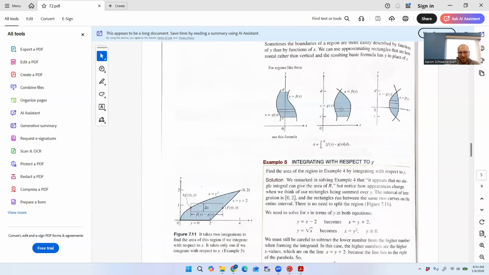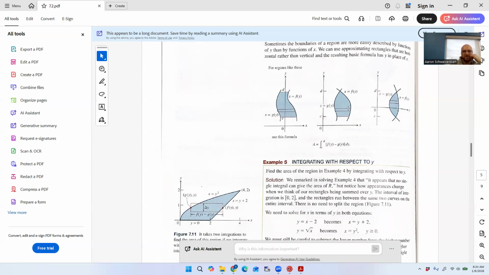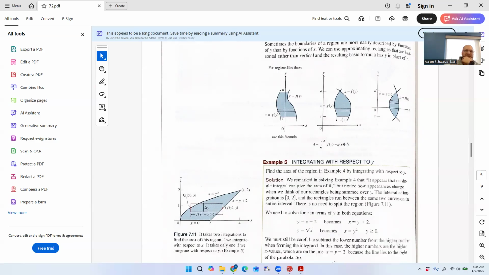And especially when you have boundaries of things in y, the only way to do this is to do it in terms of y. The actual calculus doesn't change, but you have to think upper minus lower a little differently, and you have to convert them to x equals. A lot of cases they'll give them to you as x equals.